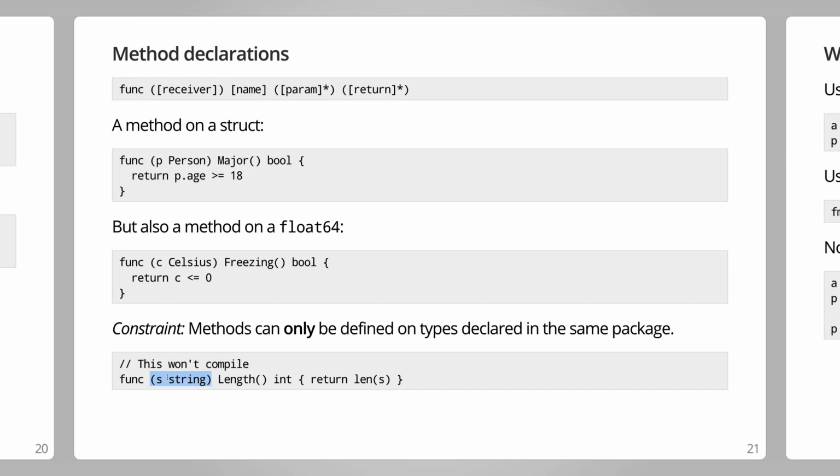This is not allowed. So you have to be in control yourself of the package where the type is declared. If you control the person package or the person type, then you can declare a function like this in the same package as the person type is declared.